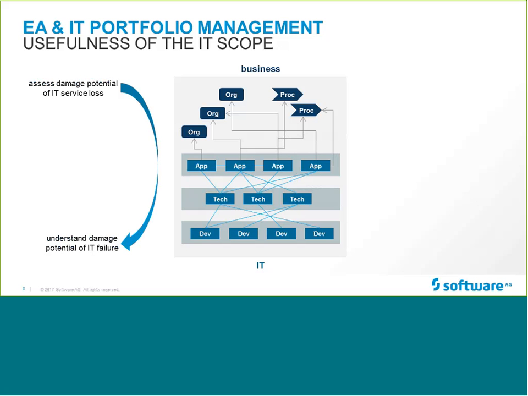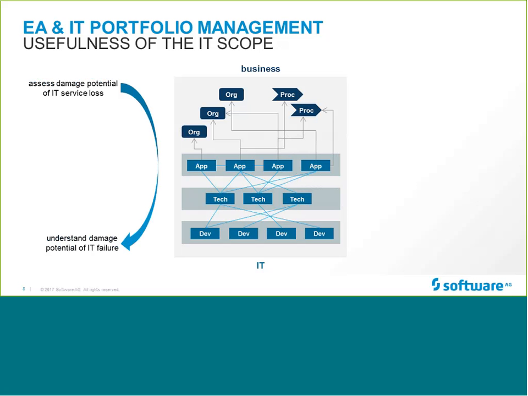Is it going to give us a reputational loss? Is it going to do other things to us? We can understand that potential, that damage potential at the top. And we can understand from that how critical each process and organization is. And from that, we can then deduce which applications are critical, and from that, further down, which technologies, which devices, and which locations are critical to execution of a particular process.